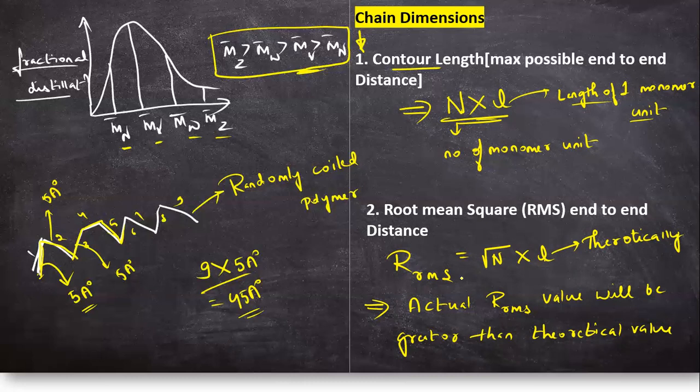Now what might be the reason for this? Just note down 2 points. Let me tell you. The actual root mean square value will be greater than the theoretical value.